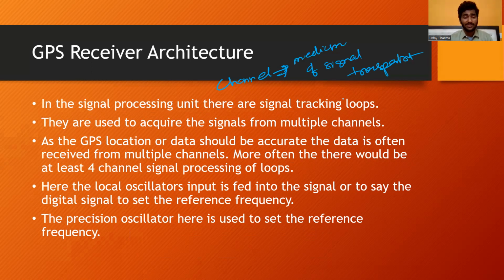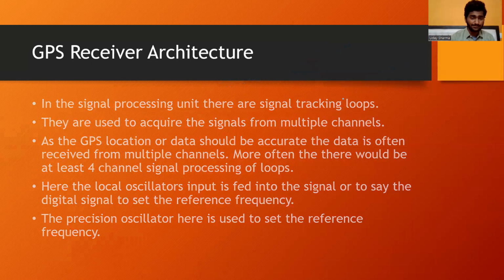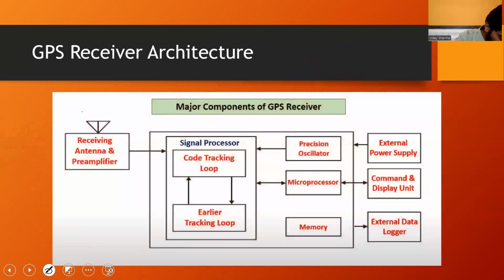Here, the local oscillator input is fed into the signal, or to say the digital signal is set to the reference frequency. The precision oscillator here is used to set the reference frequency. We'll discuss again how it is in the architecture diagram. As you know, the receiver receives the signal, it goes to the preamplifier, it gets filtered at the preamplifier and set to a certain frequency, and then goes to the signal processing.